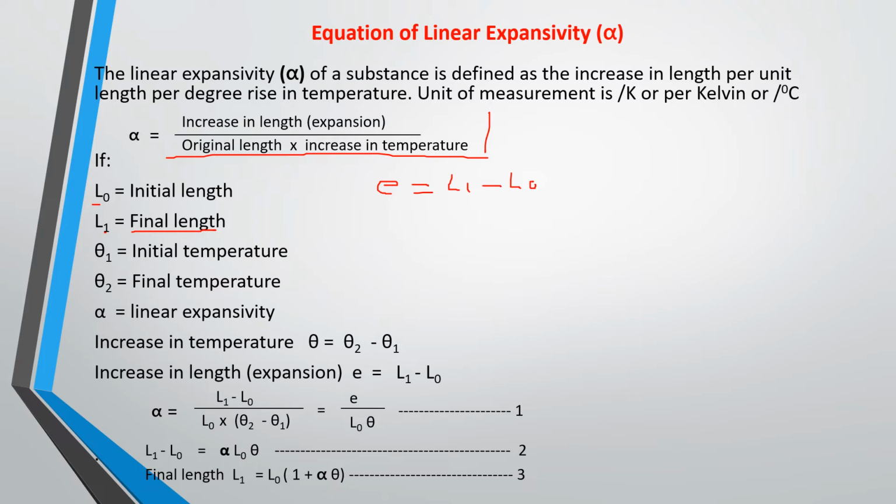Now, if theta 1 is the initial temperature and theta 2 is the final temperature, then the change in temperature is equal to theta 2 minus theta 1.